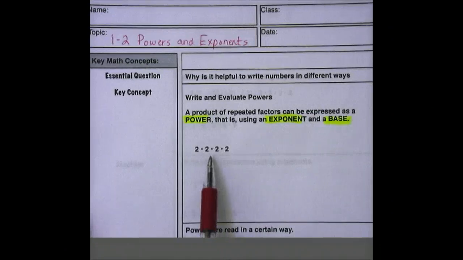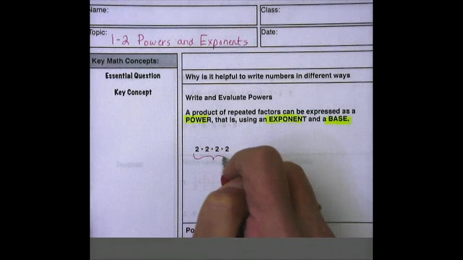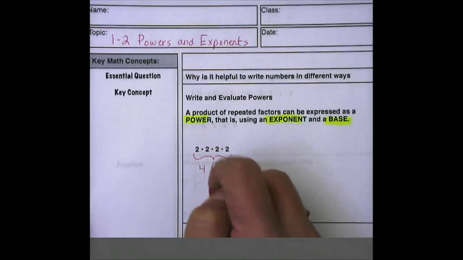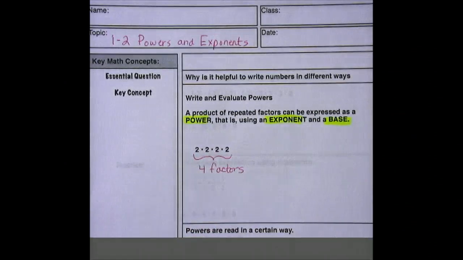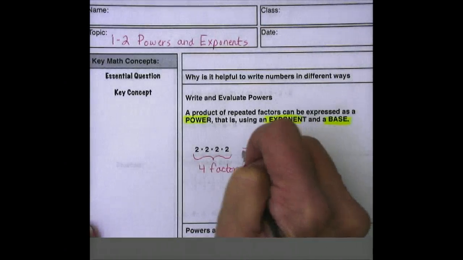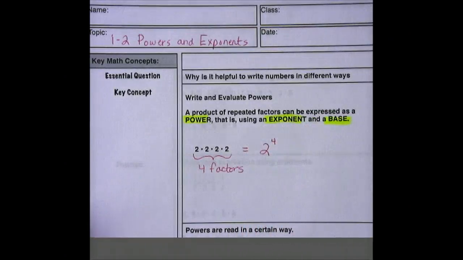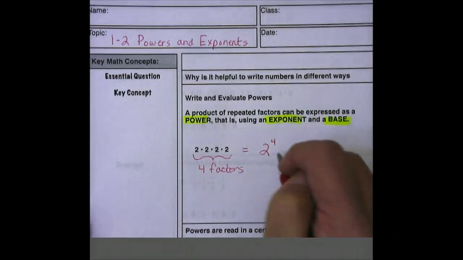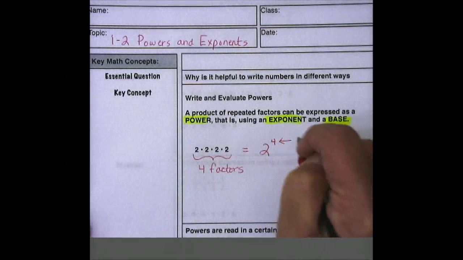We've got 2 times 2 times 2 times 2. In this example, we have 4 factors. Remember that factors are numbers that are multiplied together to get a product. We can write that using exponents by writing 2 to the 4th power. So 4 is the exponent.